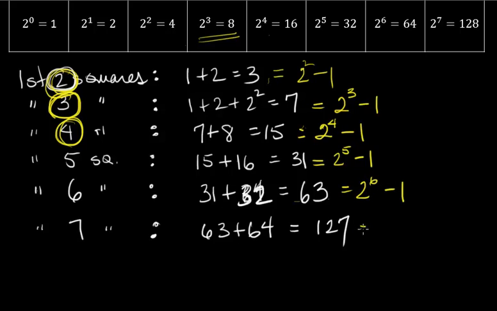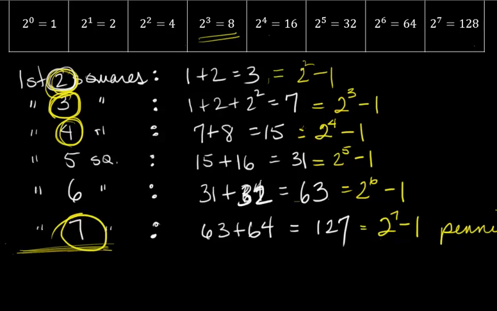And 127 is 128 minus 1, which is 2 to the 7th minus 1. So the sum of the first 7 boxes in this entire row, the sum of the first 7 amounts of pennies, we have 2 to the 7th minus 1 pennies.